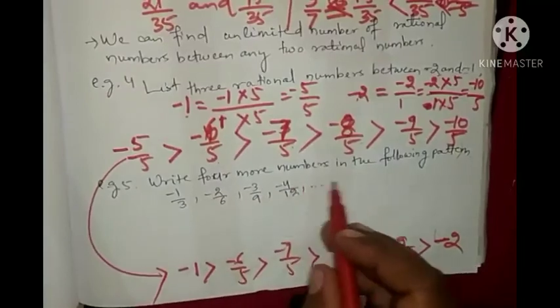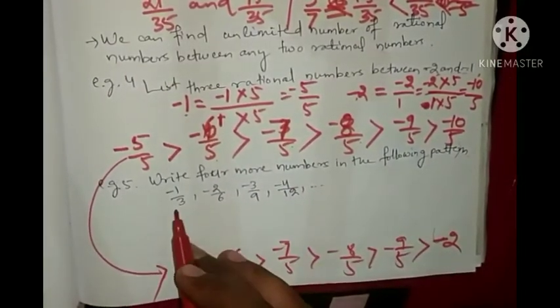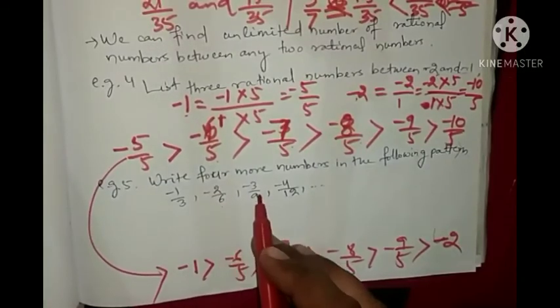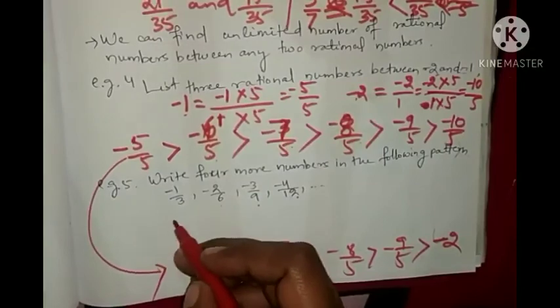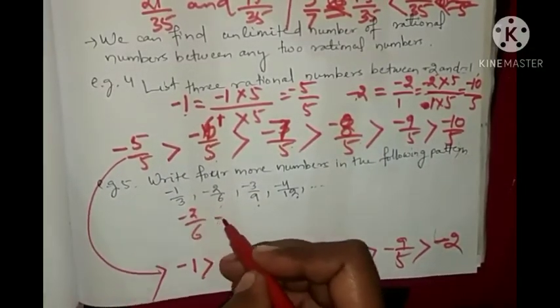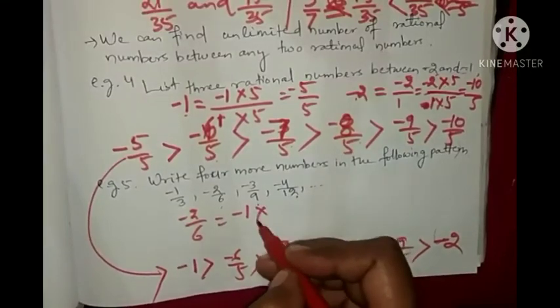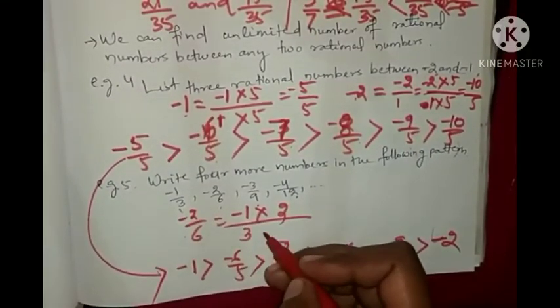Write 4 more numbers in the following pattern: minus 1 by 3, minus 2 by 6, minus 3 by 9, minus 4 by 12. Look here, minus 1 by 3. How did we get minus 2 by 6? Minus 2 by 6 equals minus 1 into 2 by 3 into 2.